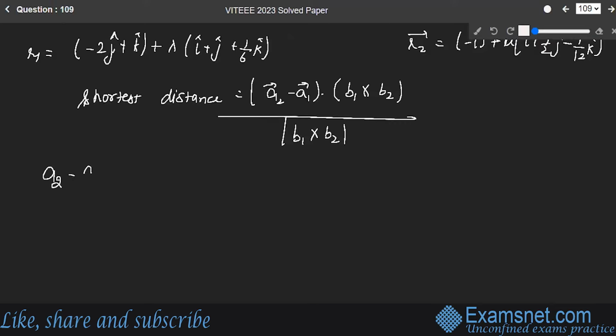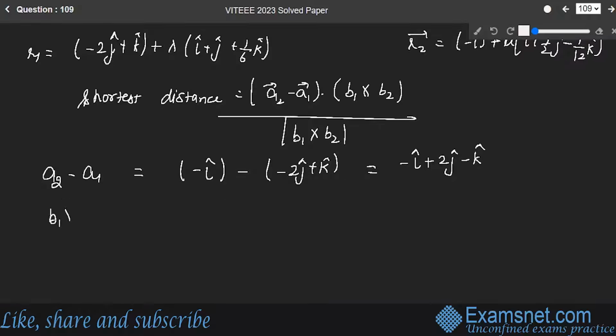So A2 minus A1: A2 was minus i cap, minus A1, which was equal to minus 2j plus k. This makes minus i plus 2j minus k cap.